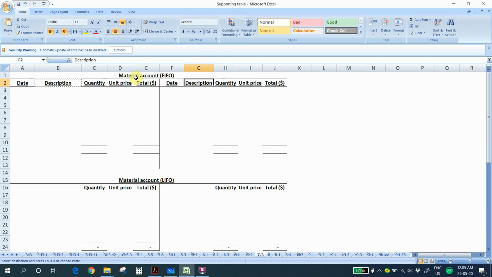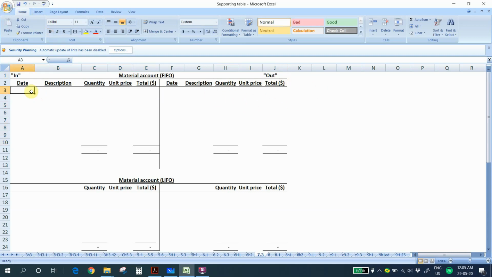In the material account, or inventory account, the left hand side we indicate in transactions. On the right hand side, which is the credit, we indicate out transactions. It means that the left hand side we use to record the in transaction, and the right hand side we use to record out of inventory.